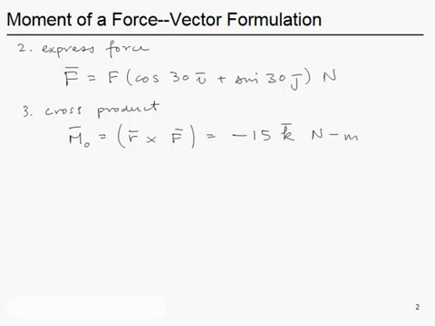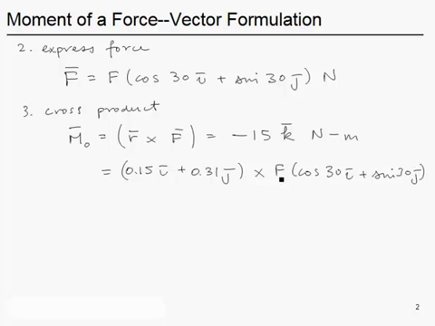So now all we have to do is insert what we already know for R and F, make the calculation, and see how it goes. Let me go ahead and write this out explicitly. R is going to be 0.15 in the I plus 0.31 in the J. We're going to cross that with the magnitude, which is F, and then we have the cosine of 30 in the I plus sine 30 in the J. Now I've temporarily dropped the units off of those two things just to save a little space, but certainly R has units of meters, and the force is going to have units of newtons.